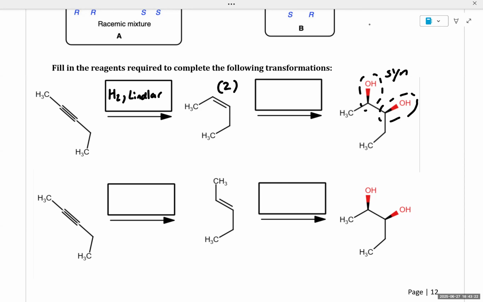And if I want to install a diol with syn selectivity, that's done via osmium tetraoxide, followed by sodium hydrogen sulfite and water. So, osmium catalyzed dihydroxylation.